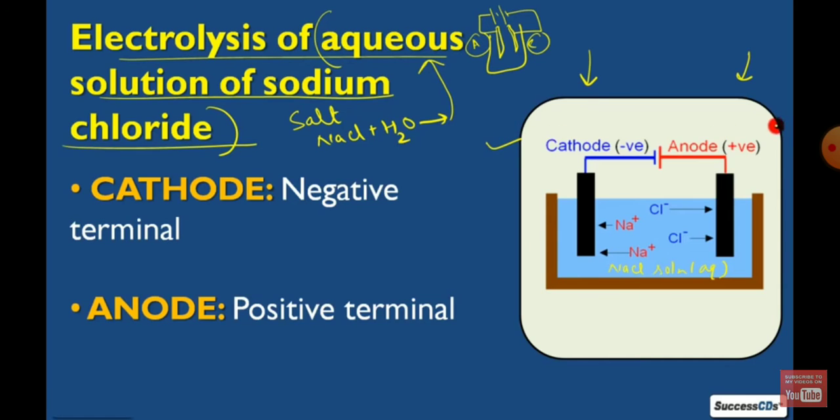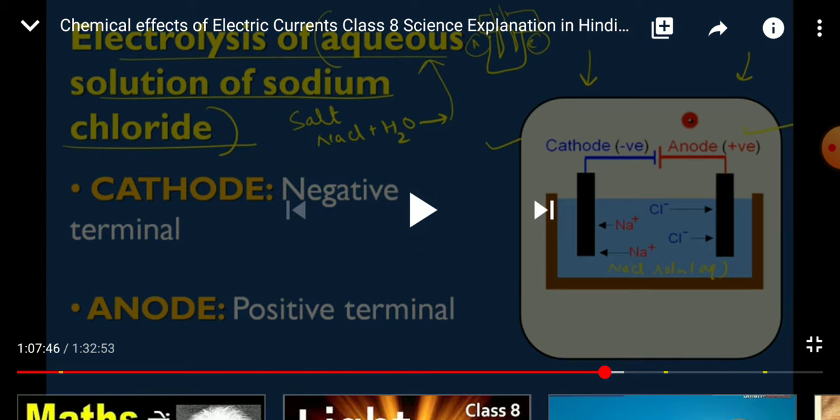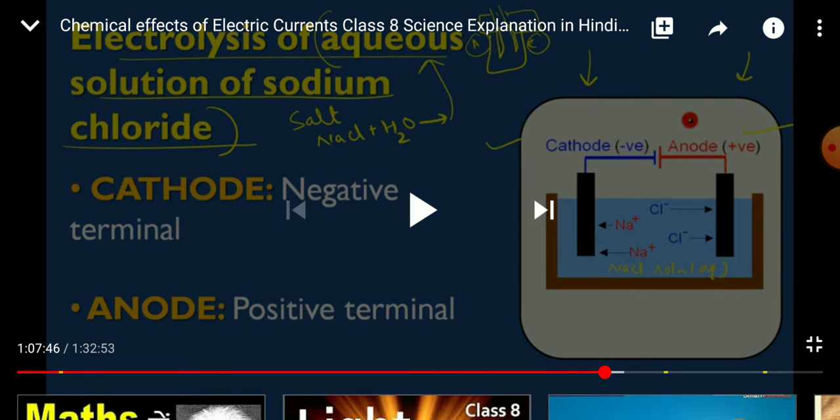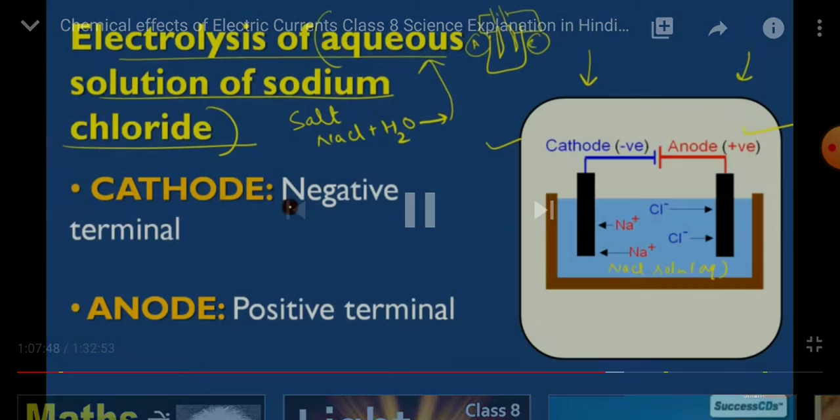When you dip the electrodes into it, on the cathode there is negative charge and on the anode there is positive charge, and when the current passes through it, NaCl will break down into Na positive and Cl negative, and the Na positive ions will go to the cathode and the Cl negative ions will go to the anode, as you can see here in this figure. I think it's clear to you.